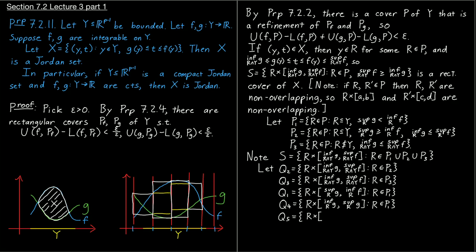They are just the leftover bits, going up to the supremum of F and down to the infimum of G. Then you can check that if you put all five of these sets of rectangles together, Q is a refinement of S.